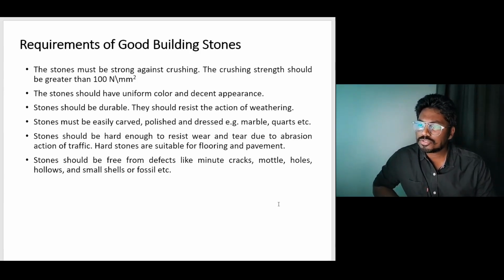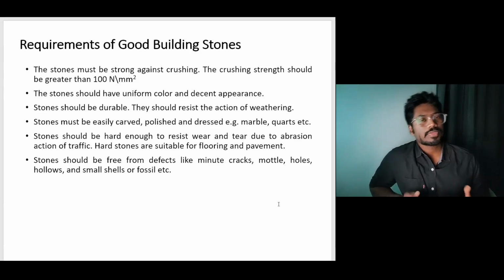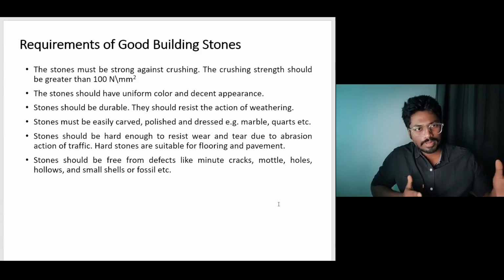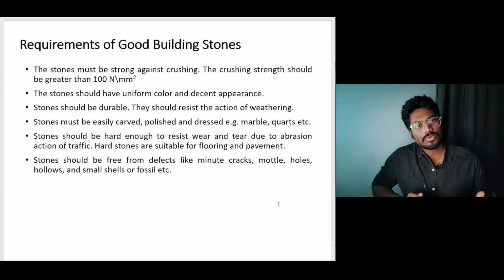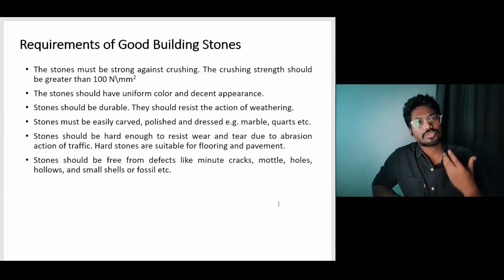Next, stone should be free from defects like minor cracks, holes, hollows, small shells, fossils, etc. Now, if you have a stone which has a fossil, or a fissure, a small crack inside a particular stone, and you use that stone as a construction material for any building, there's more chance that the stone will fail at the exact point where the fissure or the crack is present, because having a more evenly distributed structure in the stone will definitely give a lot of strength and resistance to oncoming loads.